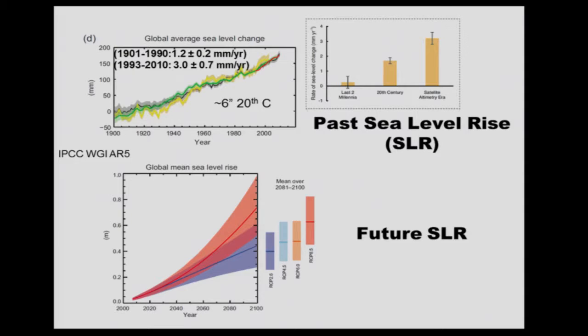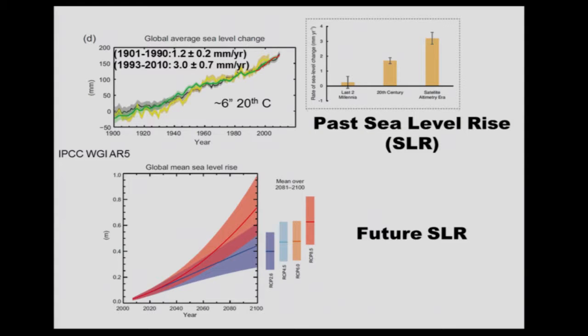And also, in both cases, the signal is accelerating. The signal is growing. The rate of sea level rise has increased by something like 50% over the last 20 years or so, and that's because the basic sources, the causes of sea level rise, which I'll talk about in a moment, have accelerated.